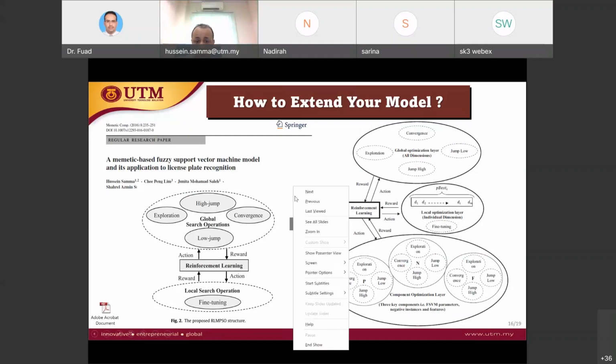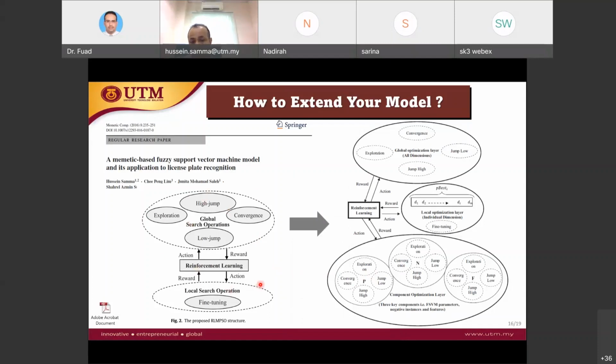This one here is quite generic, so this generic model can be used for any application. But here, this is a customized model, most likely an extension of the original one. So the key idea here: once you have your model, there is a high opportunity for you to extend your model.